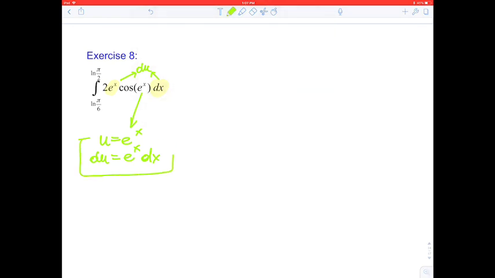Let's see. I can put 2 outside. e to the x dx is simply du and cosine of the inner function e to the x, and that was u. That means we do have 2 times the integral of cosine of u, which is just sine of u, because the derivative of sine is cosine.